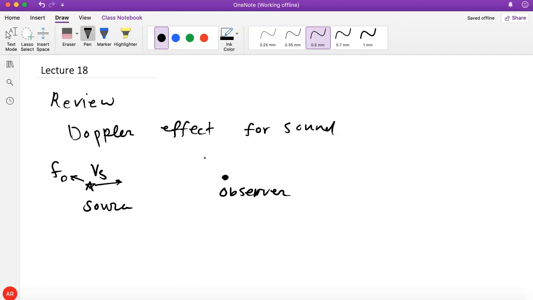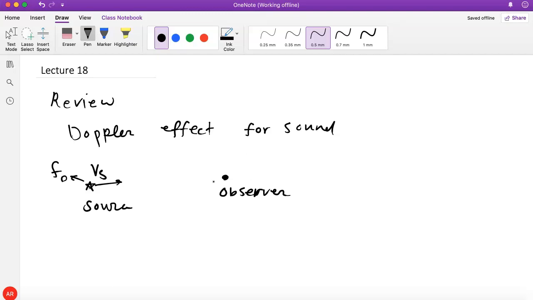The idea is that the frequency that this observer perceives is larger, because as the source is moving, the wavefronts have to get squished together. The distance between consecutive wavefronts, which is the wavelength, gets smaller compared to the case where the source was stationary.